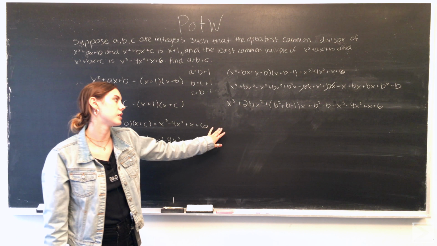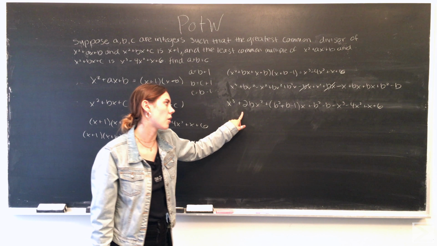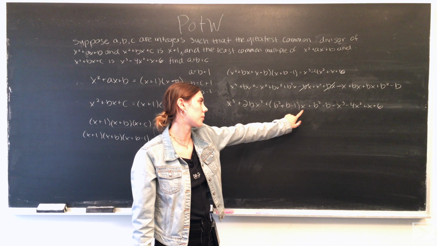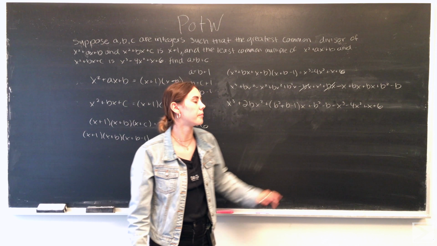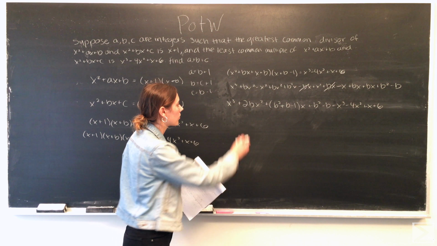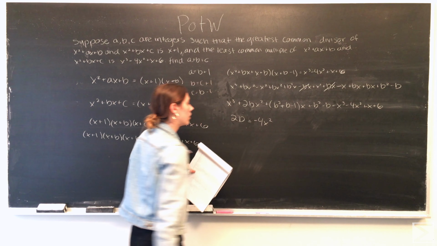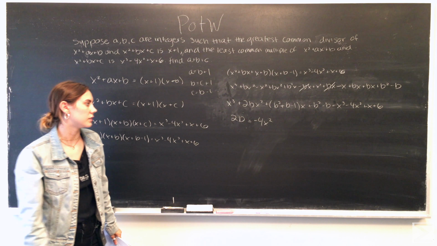What we can do now is compare the coefficients on the x squared term, the x term, and the whole number term. Looking here, we have that 2b is equal to -4.